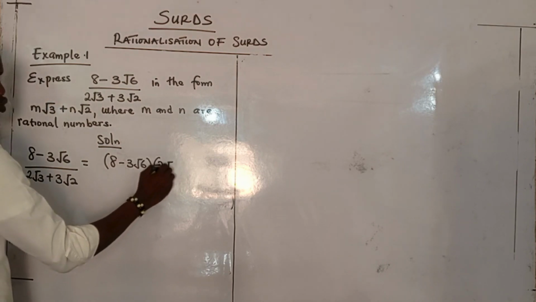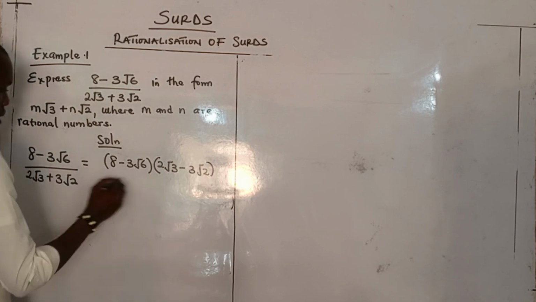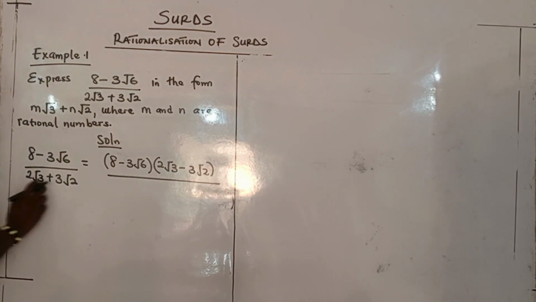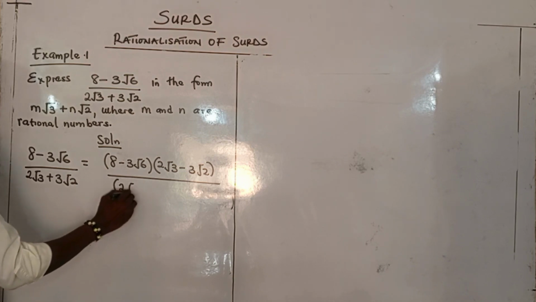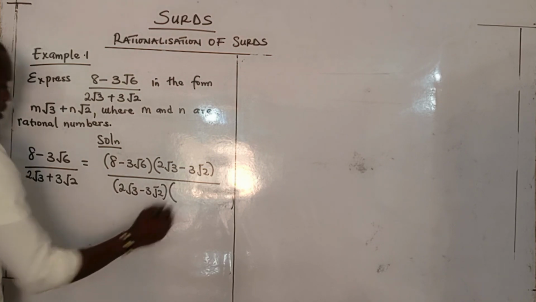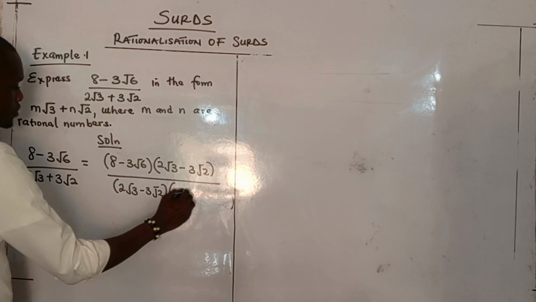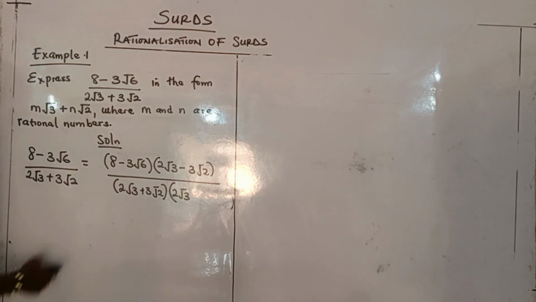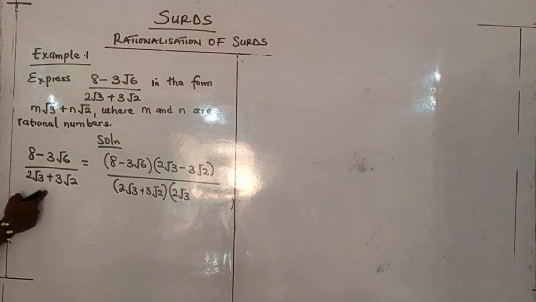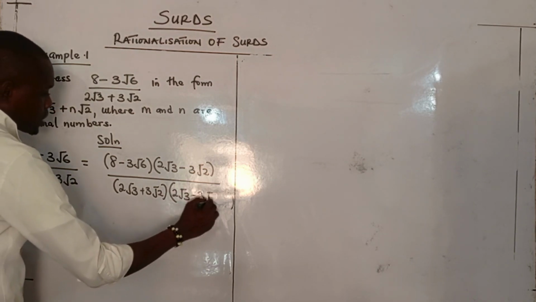So we have (2√3 − 3√2) over the denominator itself. Then in brackets you have 2√3, plus here, because that's the original denominator given to us, which now becomes minus 3√2.